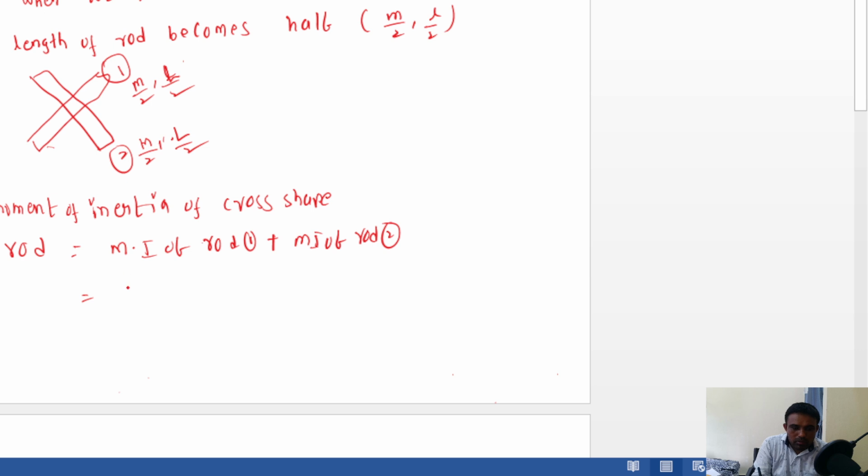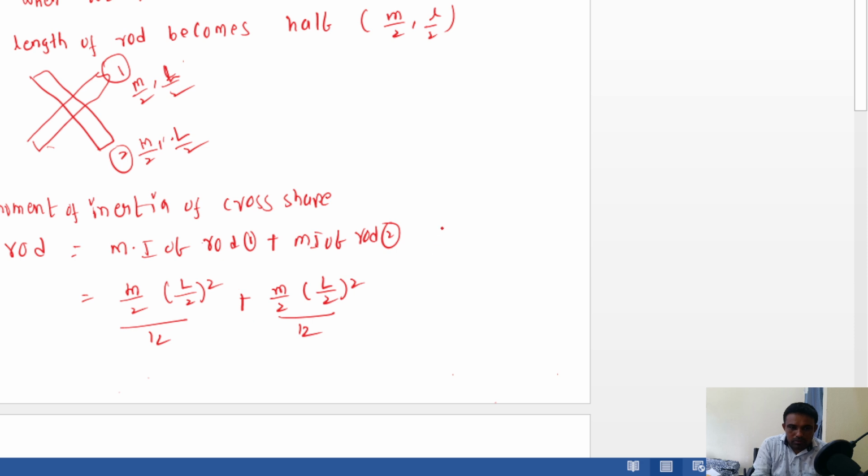Substitute in the moment of inertia formula. For rod 1, mass is m by 2, length is L by 2 whole square by 12. Here also mass is m by 2, length is L by 2 whole square by 12.